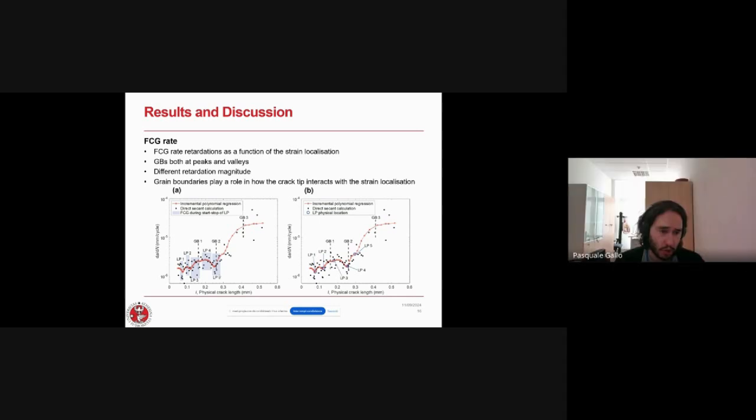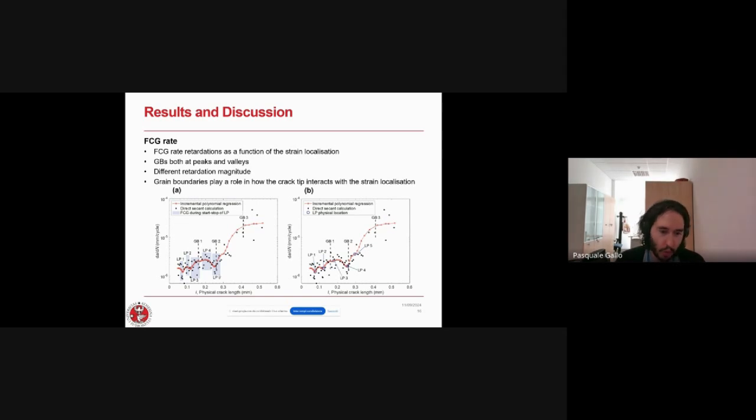On the left side picture, the sub-picture A, we see instead how the crack is behaving during the transition stage. So on the right side, you have a physical correlation between crack tip and strain localization. On the left side, instead, it's more a time correlation.